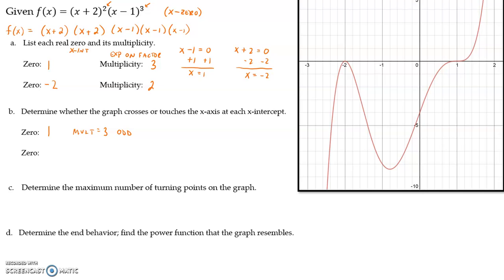And anytime your multiplicity is odd, that means our function is going to cross at that zero, or at the x-intercept.